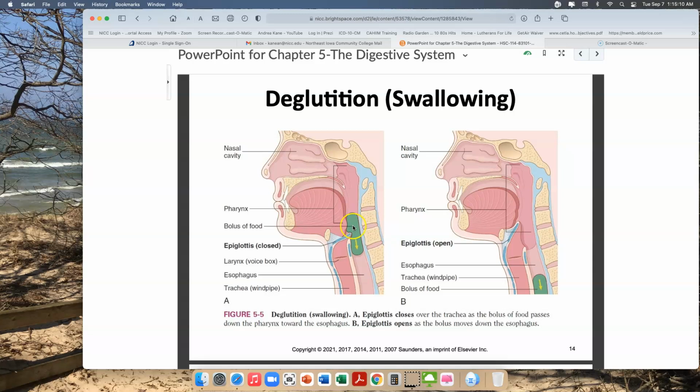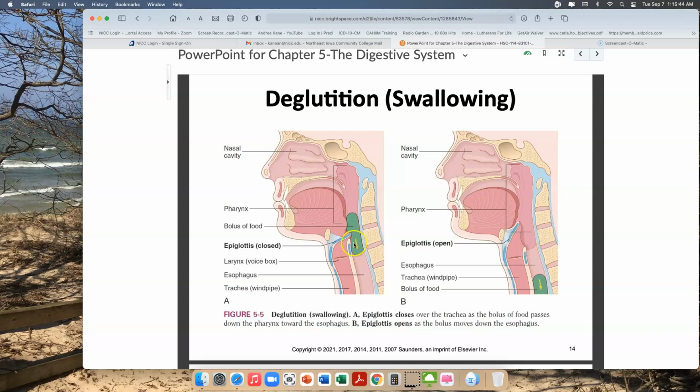So when someone is swallowing, their epiglottis should be closed so that it prevents the food from getting out of the esophagus and into the trachea. On the right-hand side, it shows you what happens when that food bolus is now past the epiglottis. The epiglottis now opens up so that the individual can exhale and inhale. They can breathe. And that airflow is coming through in and out of the trachea.